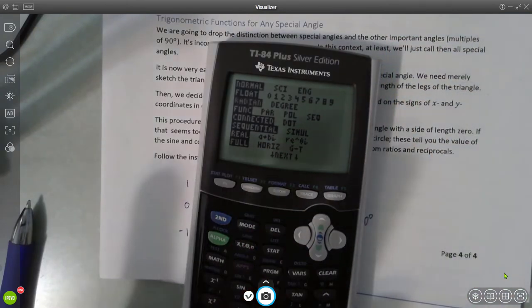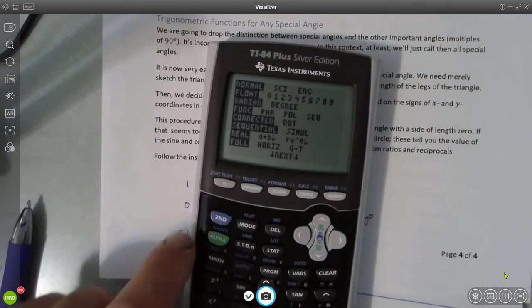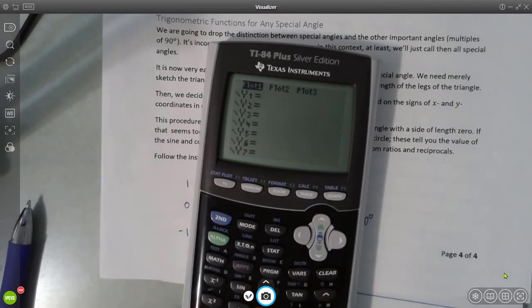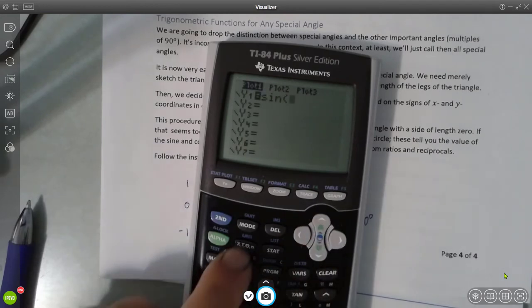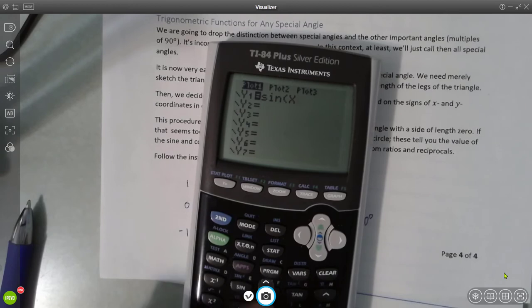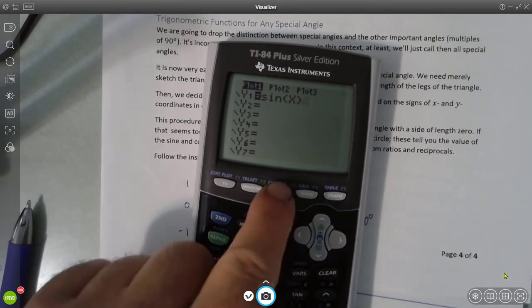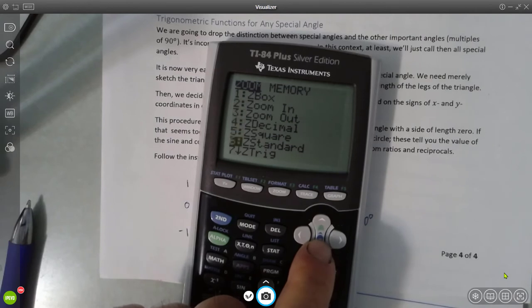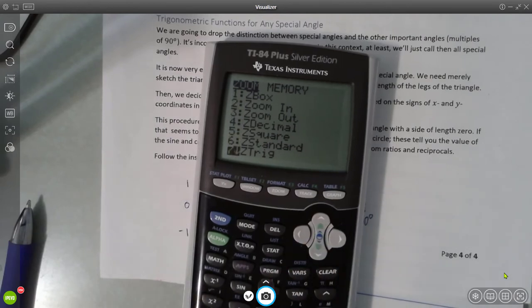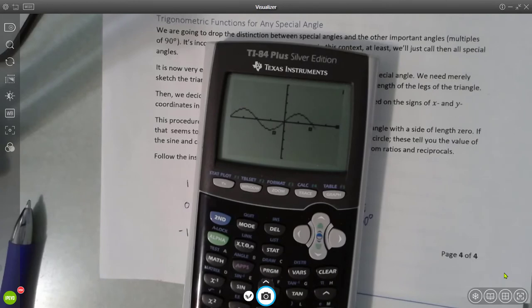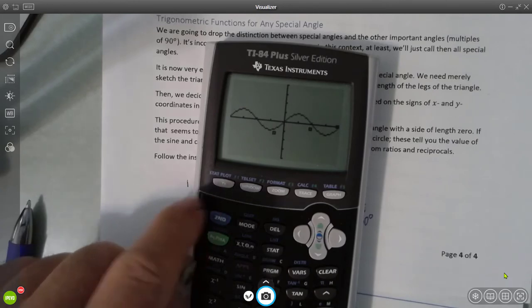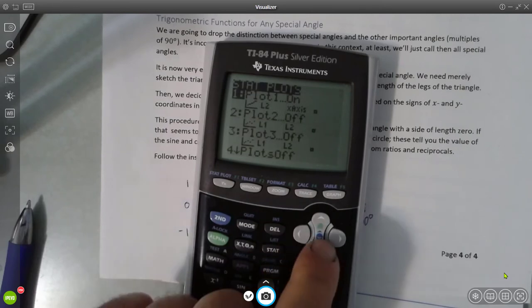We just want to see the shape, so we're not really looking at a lot of detail here. What I want is the sine of theta, or the sine of x, what the calculator is going to call it, and I would like to take the trig option on the zoom, and looks like I got some data in there, some straight points. Stat plot. Let's turn those off.